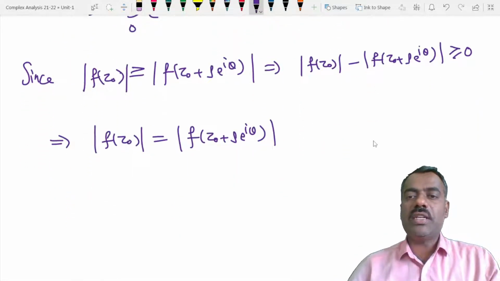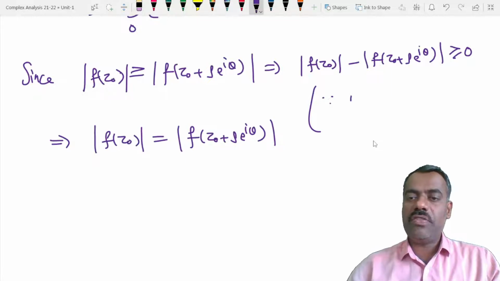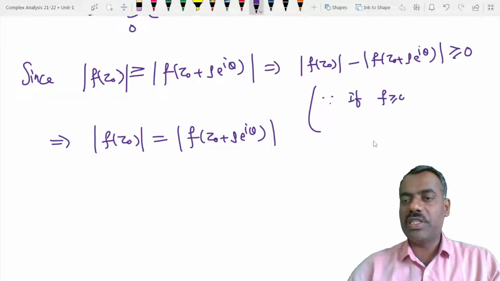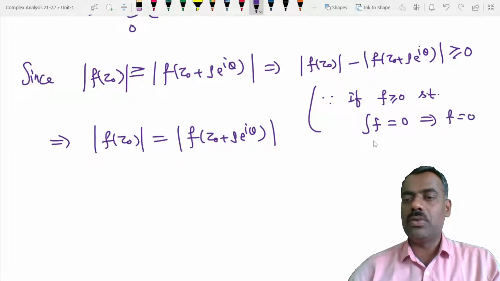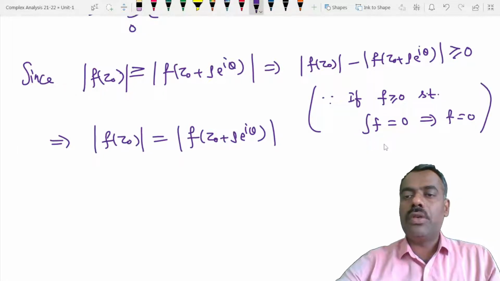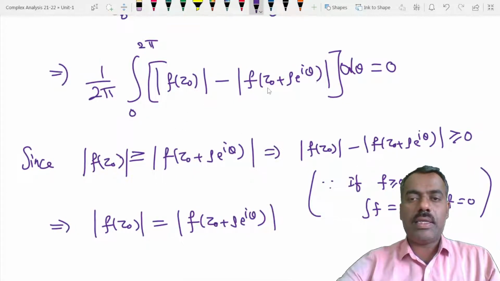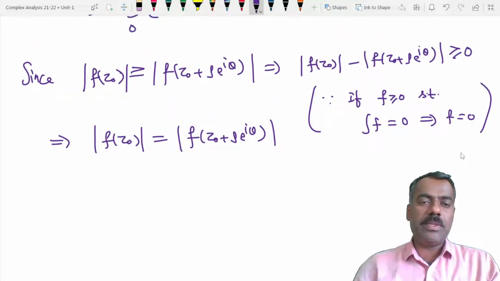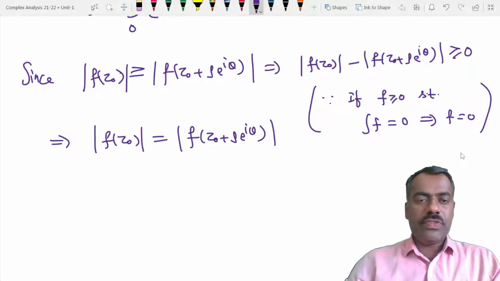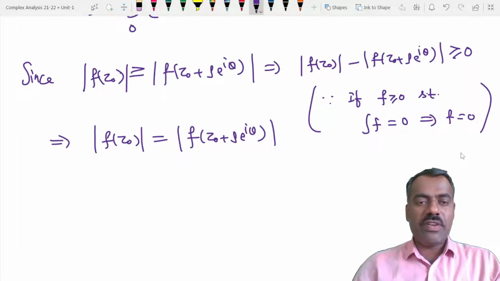What we have used here is that if f is a real valued function, f greater than or equal to 0, such that integration of f is equal to 0, that means f has to be equal to 0. Okay, so if you have an integrand which is non-negative and whose integration is equal to 0, that integrand should be 0, right?